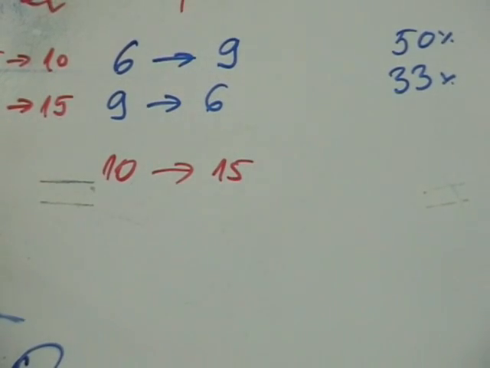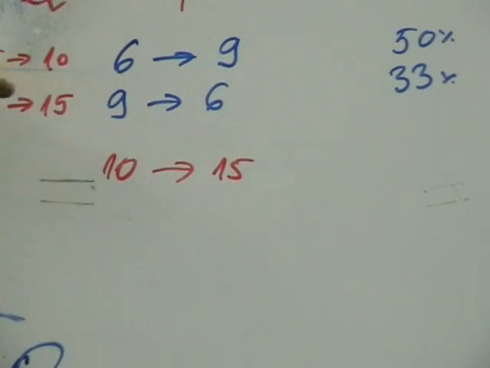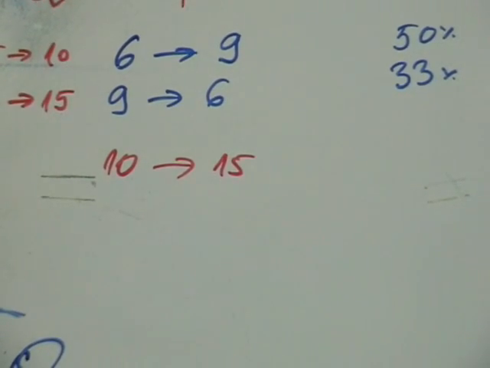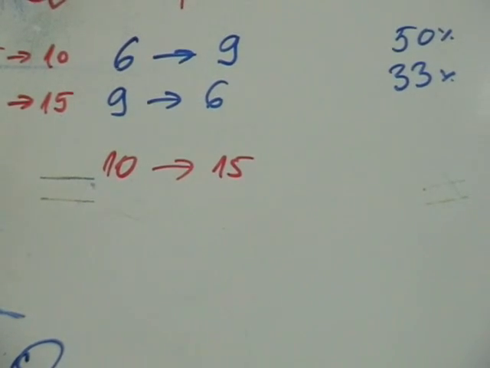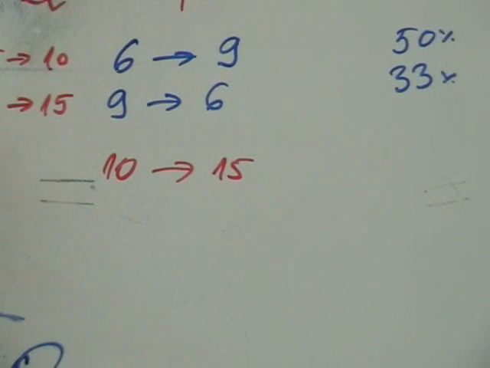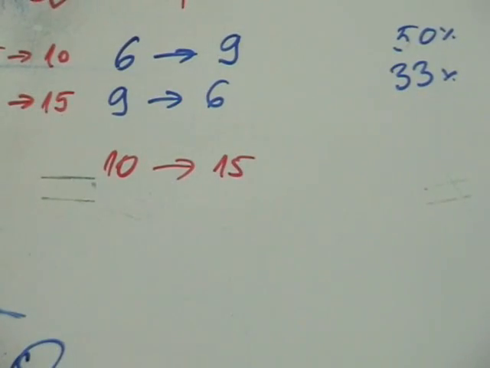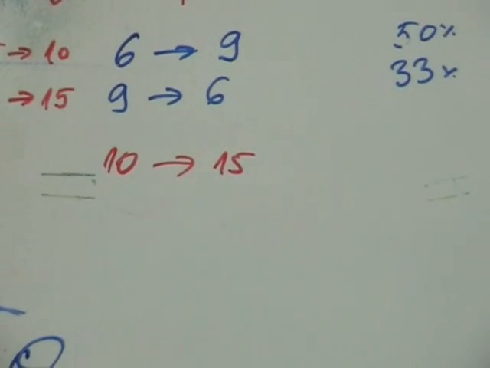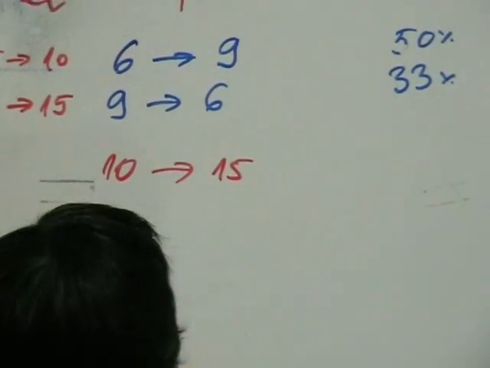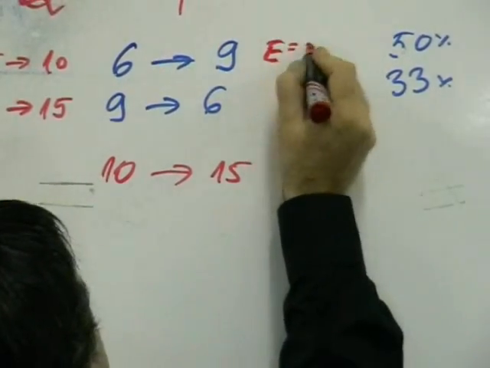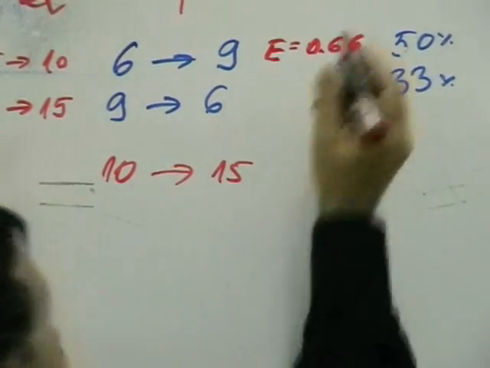So when you travel the path from 6 to 9, what's the elasticity? We call this case 1, we call this case 2. We define elasticity as the percentage change in one divided by the other. On top we had the quantity, so 33% divided by 50%. The elasticity is 0.66.